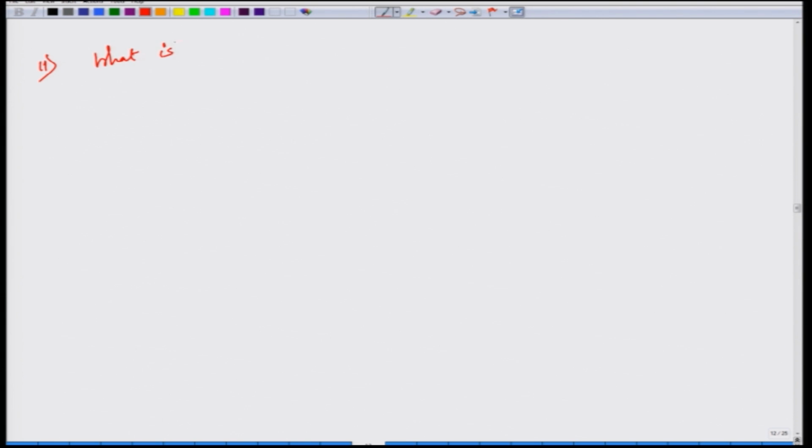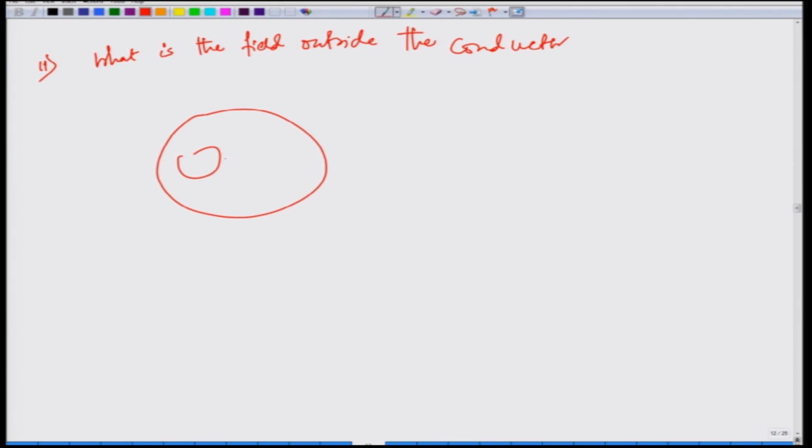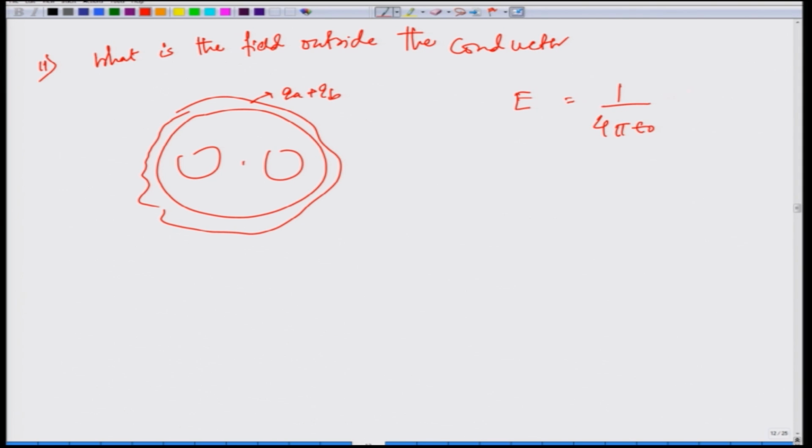Now the second part of the question says find the field outside the conductor. Very simple. Whatever be the cavity, we know that the charge on the surface is QA plus QB, and we know that the field is 1 by 4 pi epsilon naught Q total by R square.